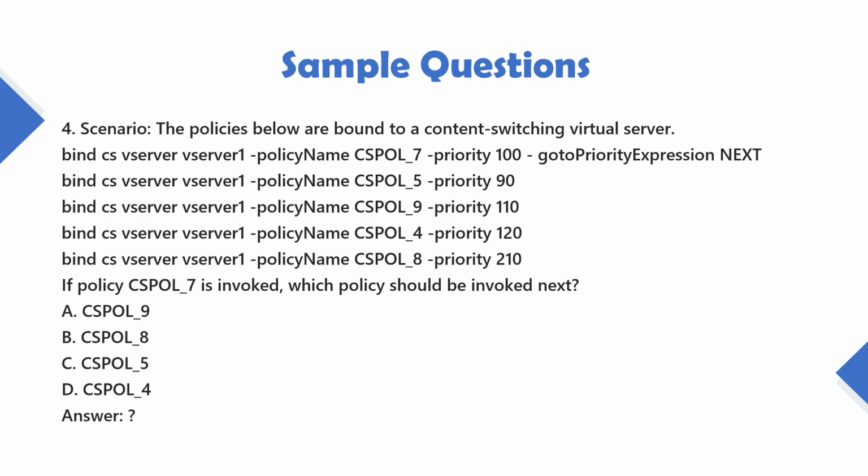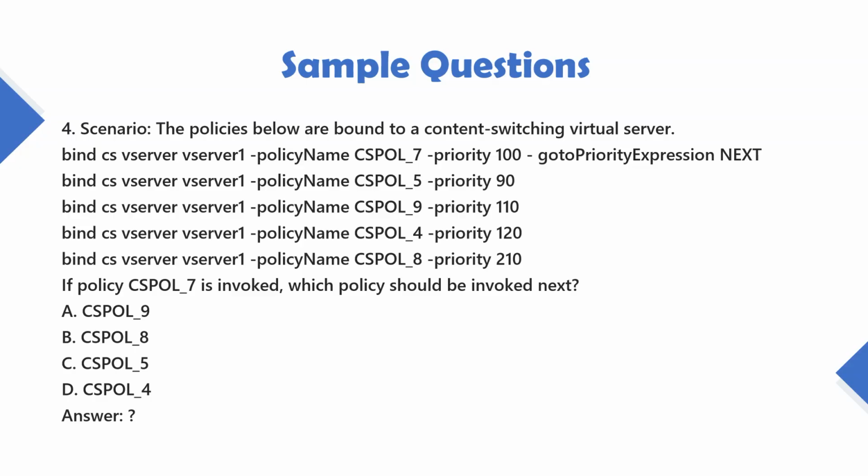Bind CSV server vserver1 policy name CSPOL_9 priority 110. Bind CSV server vserver1 policy name CSPOL_4 priority 120.